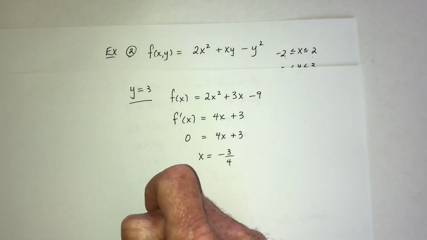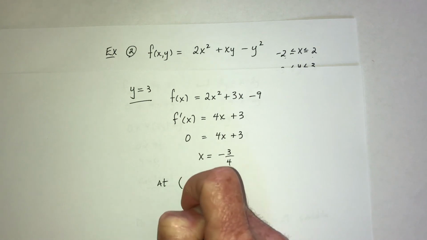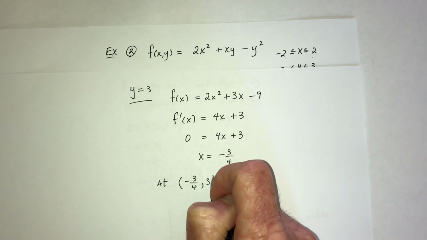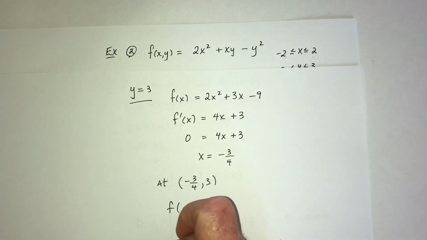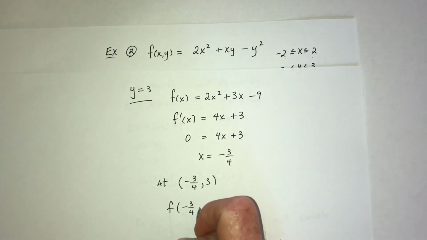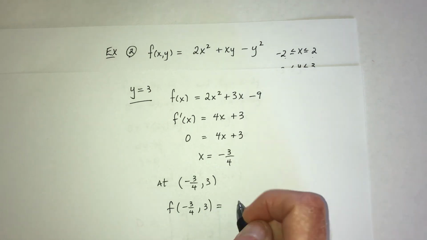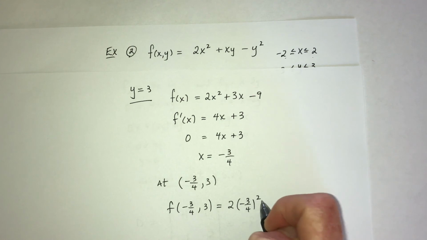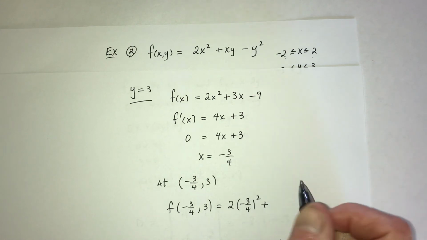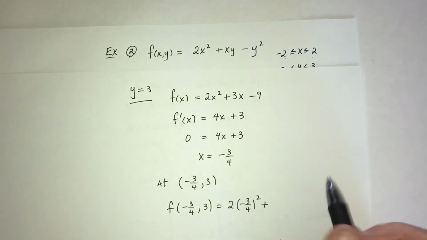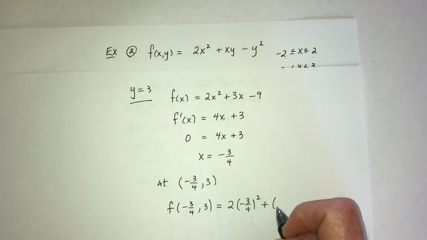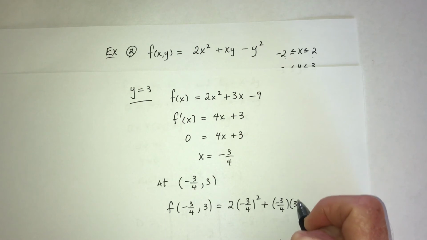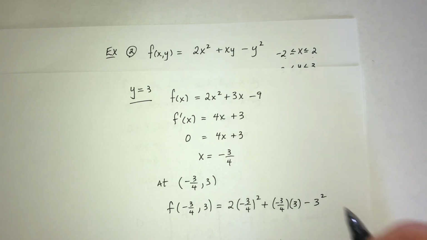So at x equals negative 3/4 and y equals 3, what happens to the function? That's 2 times negative 3/4 squared, plus, I'm just substituting in the function right now, the x times the y, minus the y squared.